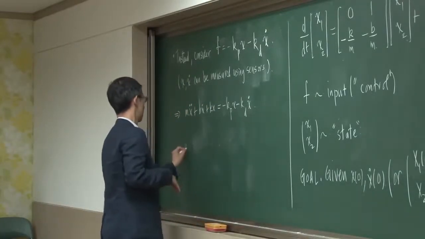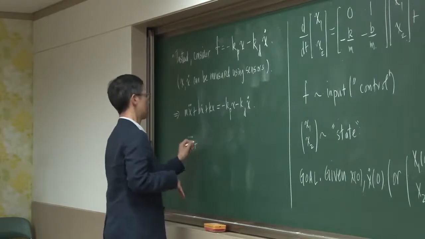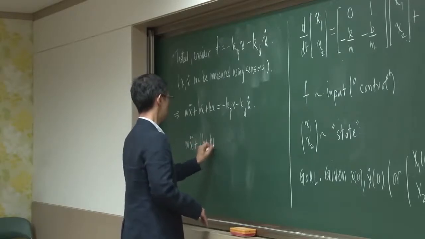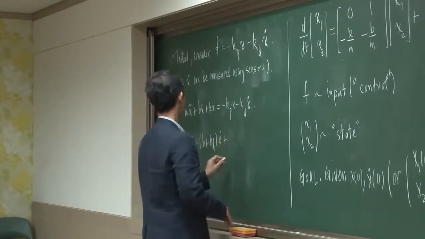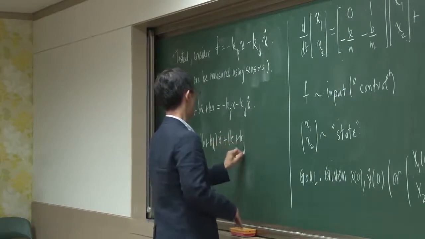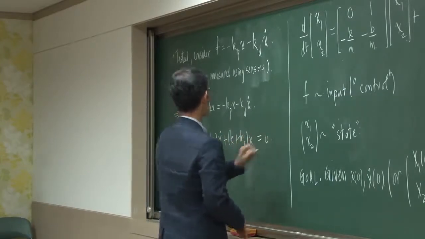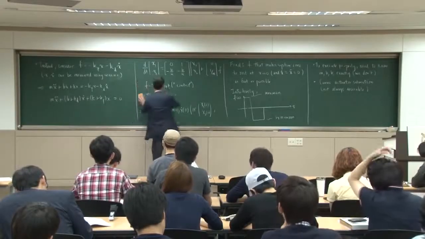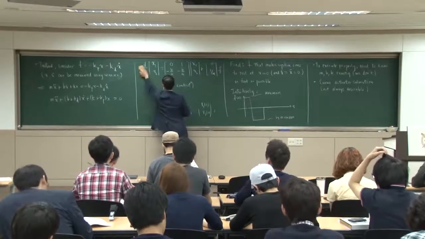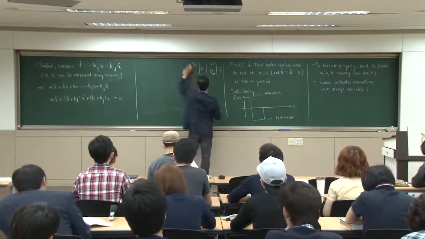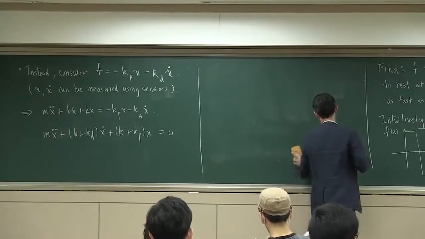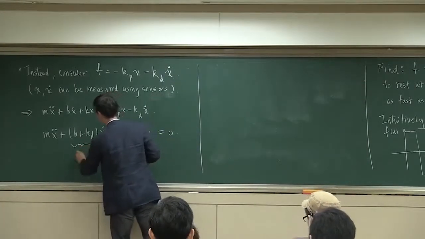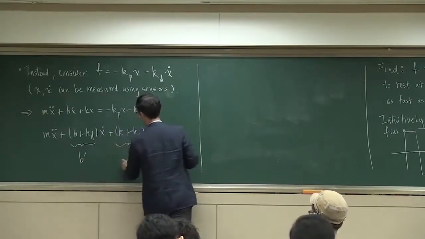And if you just clean this up a little bit, (b plus kd) x dot plus (k plus kp) x equals 0. And we looked at solutions to this. So let's call this b prime, and let's call this k prime.